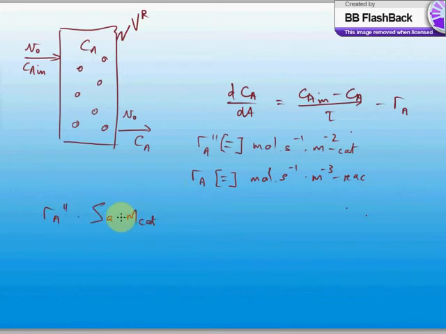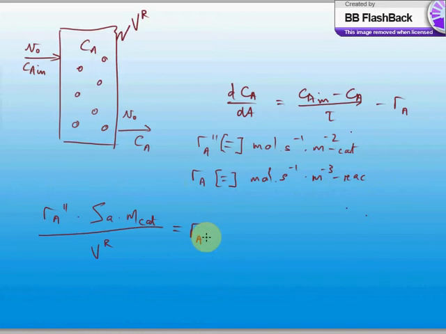disappearing in that reactor. That's still not quite what we want. Remember, this is moles per second per cubic meter of reactor, so it's per volume of reactor. So we should divide this through by the reactor volume as well. And then this is equal to the volume-based reaction rate, which is what we want.